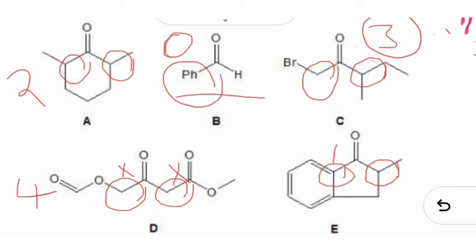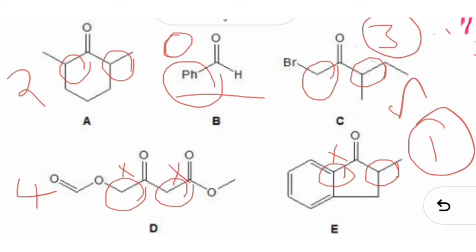This alpha carbon does not have any acidic hydrogen, while the other alpha carbon has one acidic hydrogen. So this has a total of one acidic hydrogen atom. This is how you can determine the number of acidic hydrogen atoms from an aldehyde or a ketone.